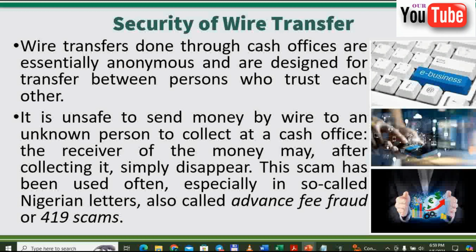It is unsafe to send money by wire to an unknown person to collect at a cash office. The receiver of the money may, after collecting it, simply disappear. This scam has been used often, especially in so-called Nigerian letters, also called advance fee fraud, or 419 letters, and so on and so forth.